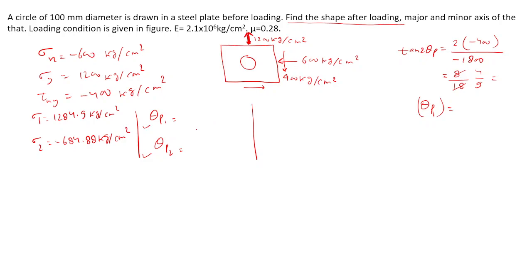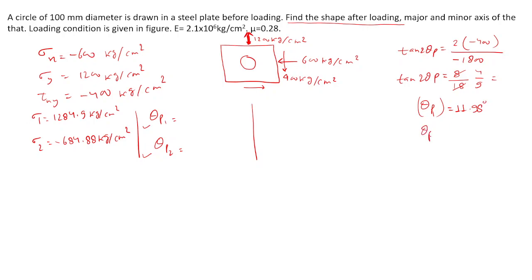Okay, now theta p1 and theta p2. Tan 2 theta p equals 4 by 9. Calculate this one. Theta p1 is coming twelve degrees, exactly 11.98.